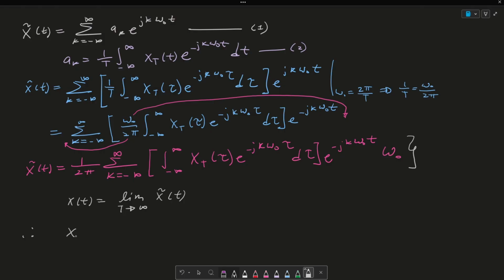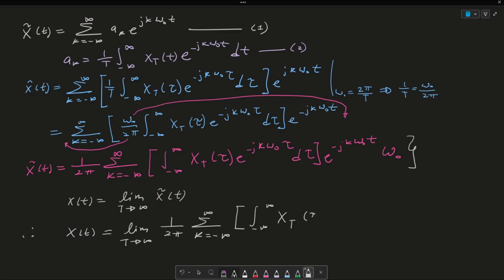Therefore, x of t is equated to the limit as T goes to infinity of 1 over 2 pi, the sum as k equals minus infinity to infinity, times the integral from minus infinity to infinity of my x_T of tau, or my window function, e to the minus jk omega naught tau d tau, e to the minus jk omega naught t, omega naught.